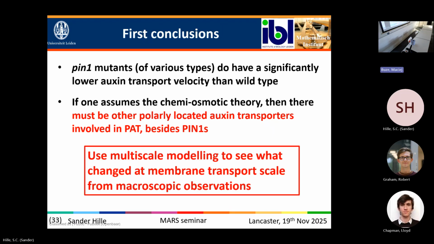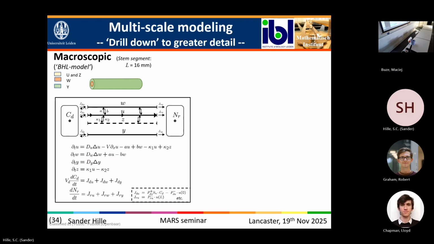And then for the last 10 minutes, I want to get to how we then use the multi-scale modeling to see what happened inside, using the model. We recall we had this stem segment high-level model, the ultimate model that we got.